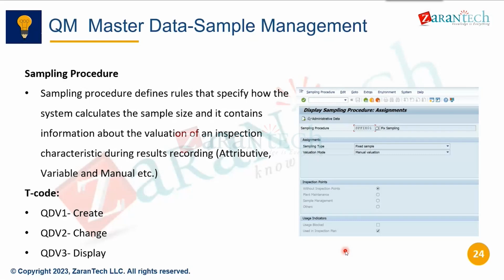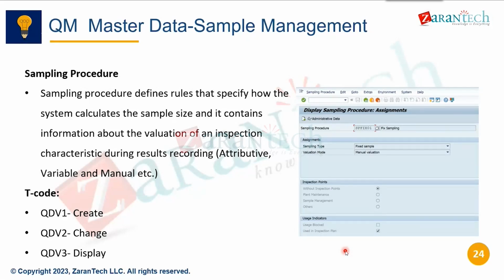Here we have different types of inspection points, meaning how to calculate, with inspection points or without inspection points, or whether the sampling procedure is for plant maintenance or through sample management, or others. So we have multiple options here.